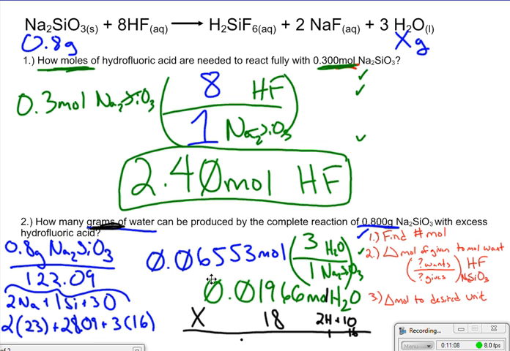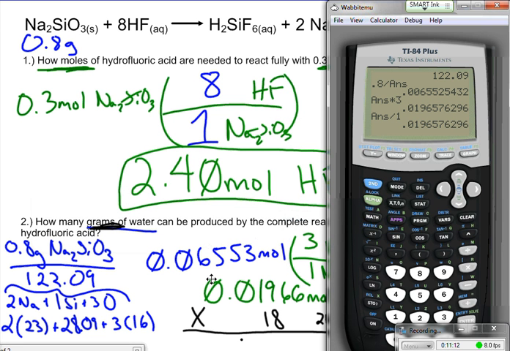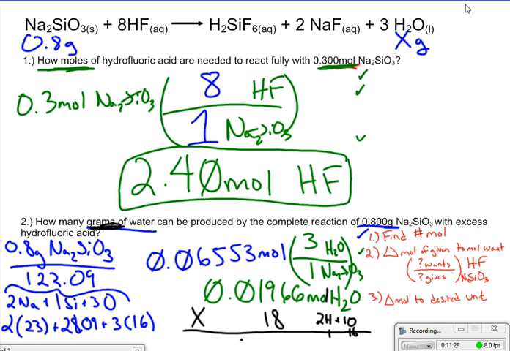When I do that, pull up my calculator again. Woo! Falling over. Times 18. I come up with 0.3538 grams of water.